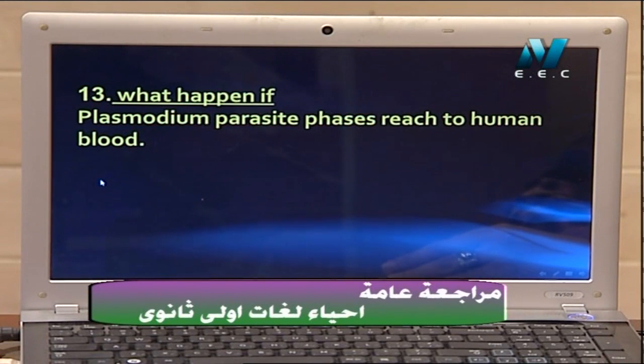What happens if Plasmodium parasite phases reach the human blood? We studied Plasmodium before. Plasmodium is related to kingdom Protista. Plasmodium is a protozoan causing disease.